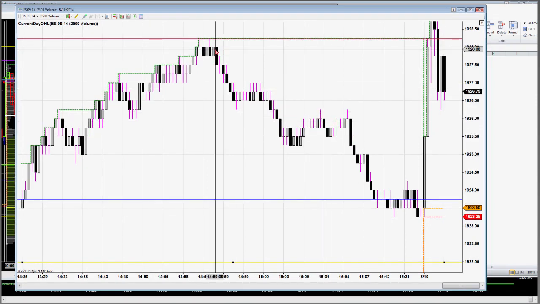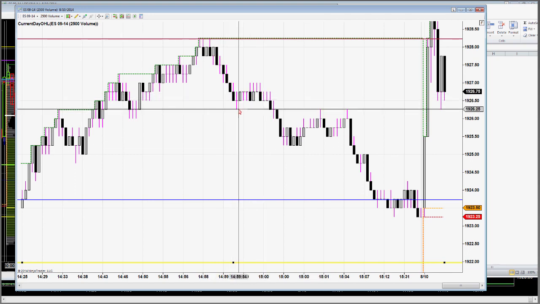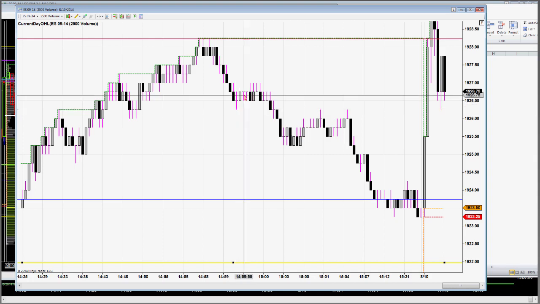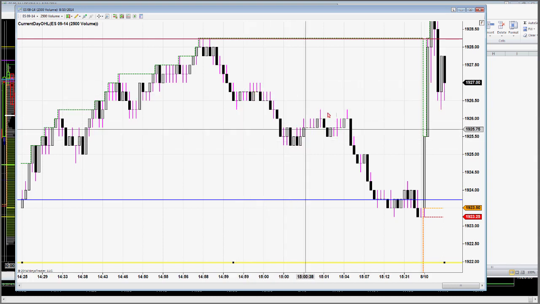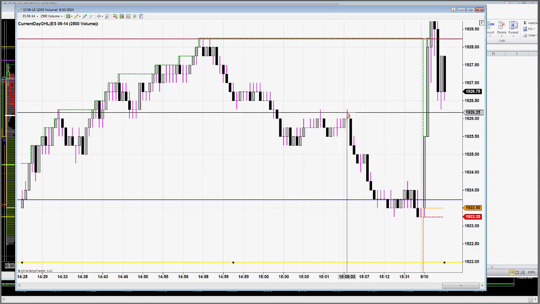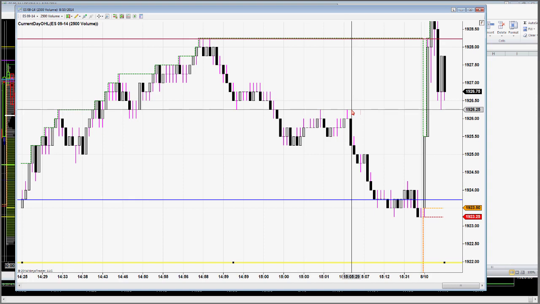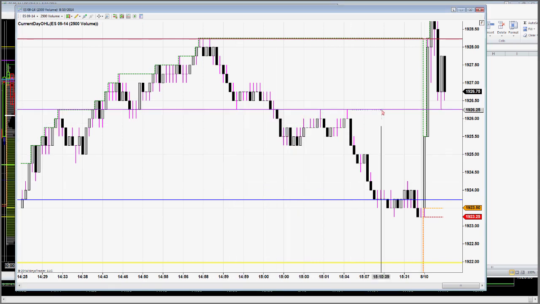Here's the end of the day, and price was moving lower, lower, moved down here right before the end of the day, bumped up, tested down again. After the close, it tested up to 1926.25, did it a second time, and couldn't get any further. This is the closing swing high, 1926.25. Or this is what I'm marking as my closing swing high, 1926.25.